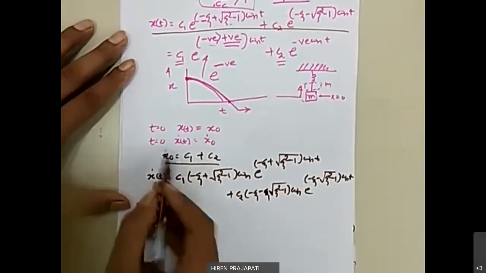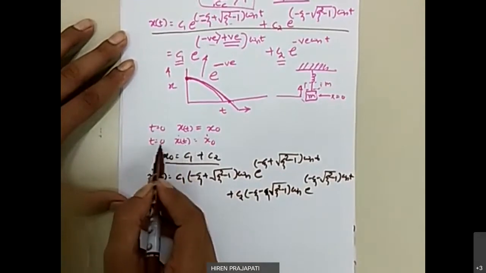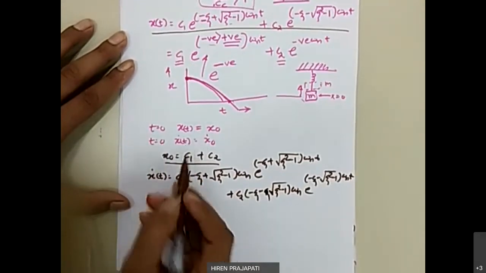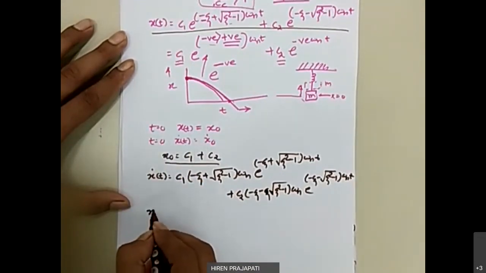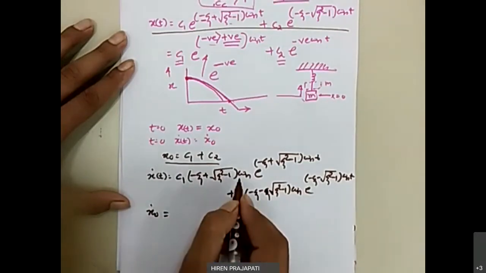Now let us put the second initial condition. At time t equals 0, velocity is x dot 0. So x dot 0 when t equals 0, the exponential term is e to the power 0, which is 1.